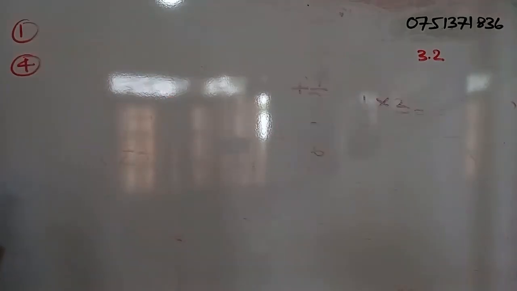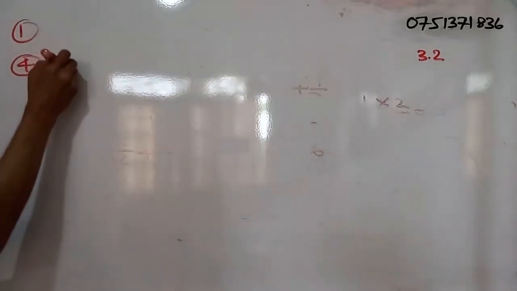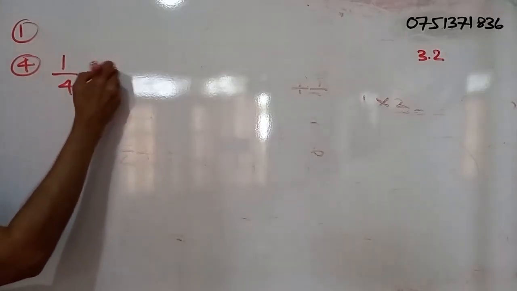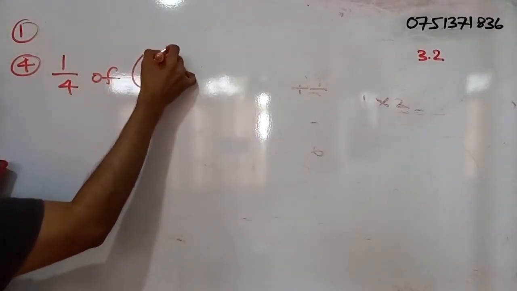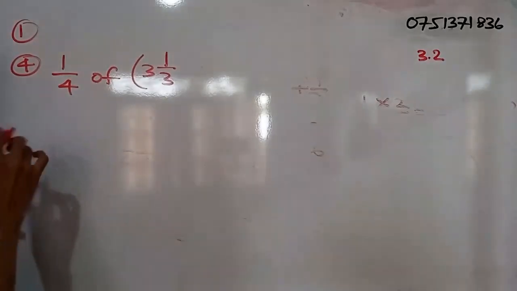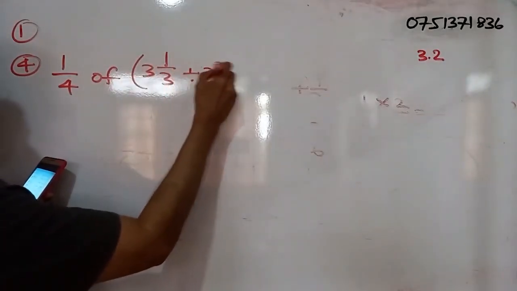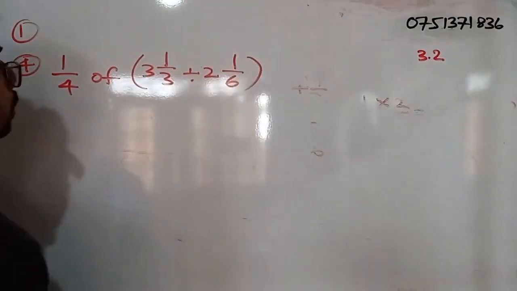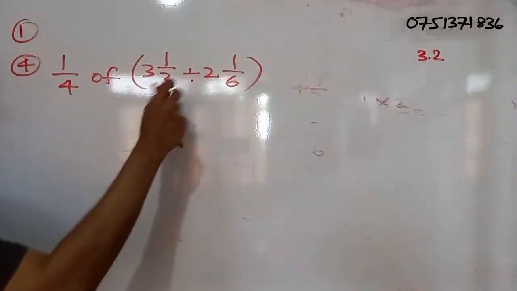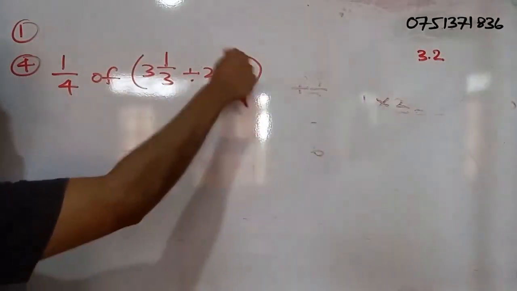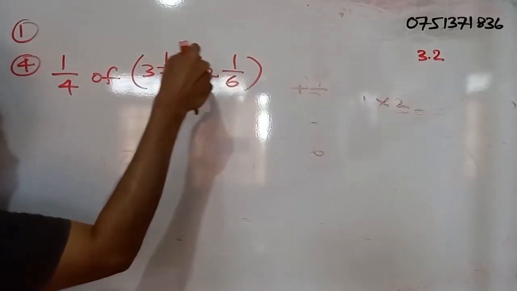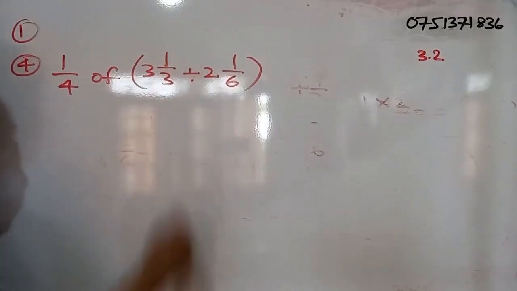Question number 1, part 4. Okay, so 1 by 4 of, within brackets, 3 and 1 by 3 divided by 2 and 1 by 6. Right, so first of all, when we do the simplification, we have to start from the brackets. And there also we have to convert these two into what?